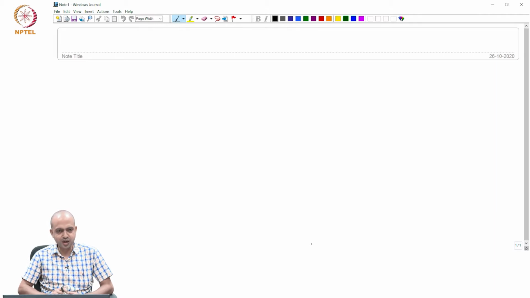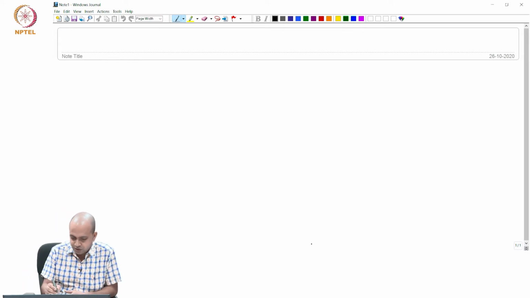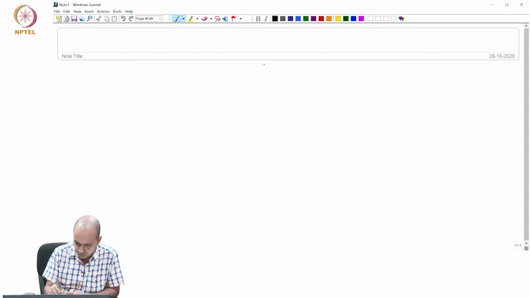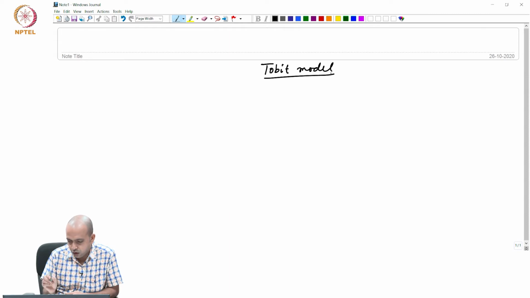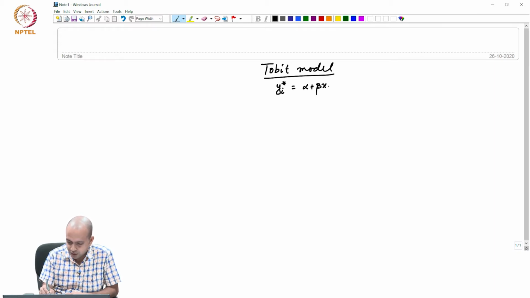Before we start, we will quickly recap the theoretical portion so that our understanding is better. This is the Tobit model we were discussing, with the latent variable yi star equals alpha plus beta xi plus ui.